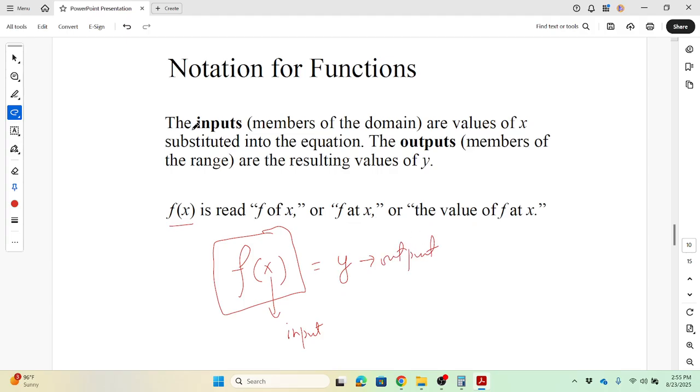Okay, the inputs, which are the members of the domain, are the values of x which we are going to substitute in the given formula. In this case, no formula is given here in this example, but the output is the y value. That's the member of the range.